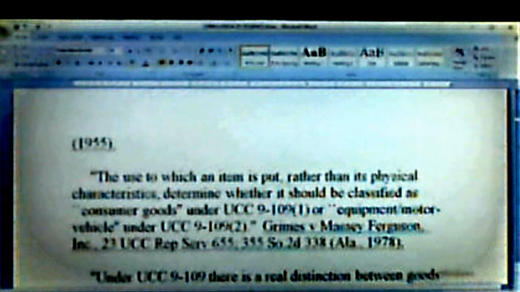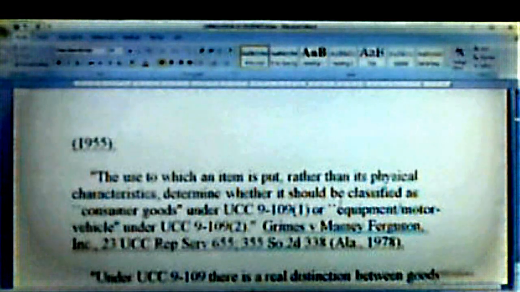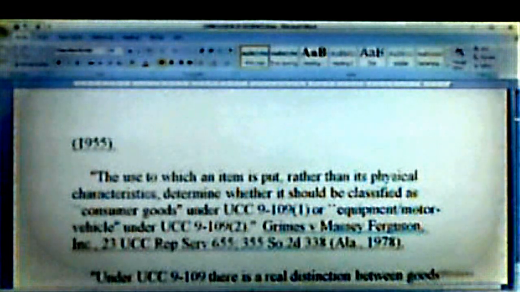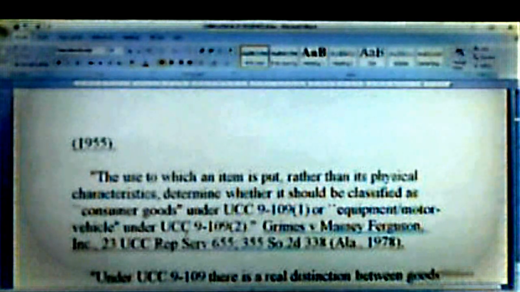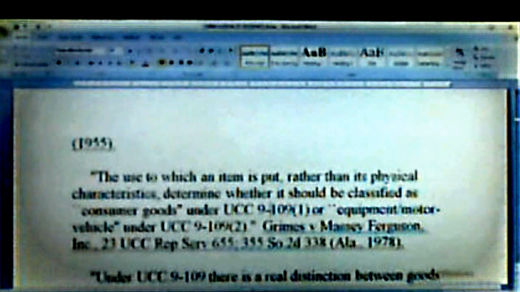It says the use to which an item is put, rather than its physical characteristics, determines whether it should be classified as consumer goods under UCC 9-109(1) or equipment / motor vehicle under UCC 9-109(2). Grimes versus Massey Ferguson.